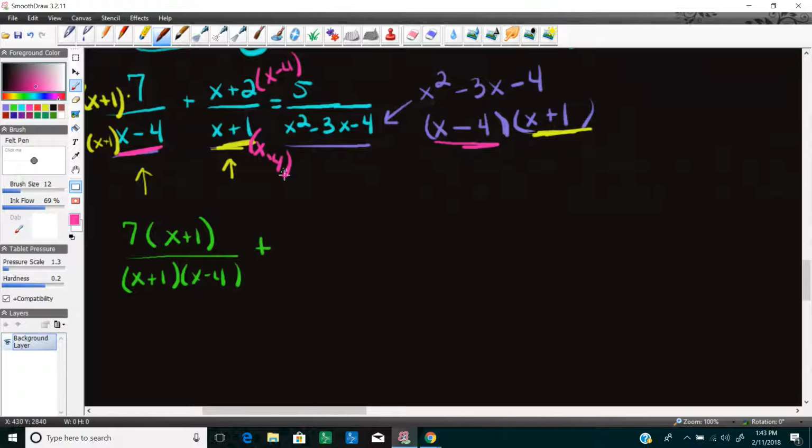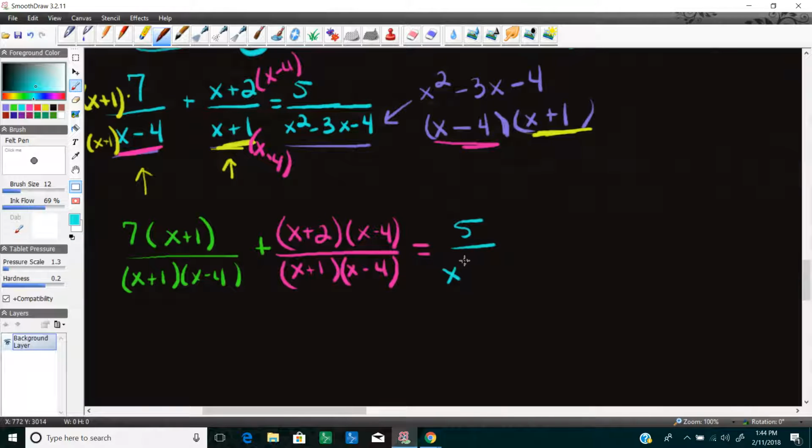So I have all this right here, x plus 2 times x minus 4, all over, again, x plus 1 times x minus 4, is equal to what we had originally over here. So 5 over x squared minus 3x minus 4.